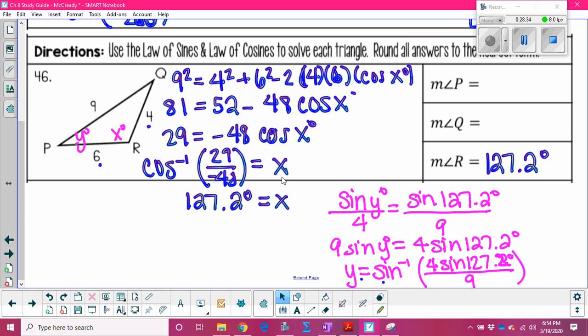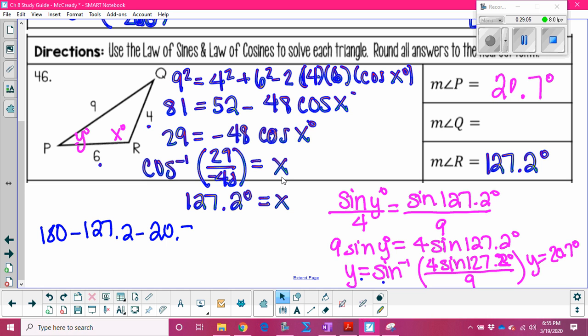And when I do, I get that y equals 20.7 degrees. So that was angle P, 20.7 degrees. To find the last angle, I already know 2 angles of my triangle, so I just need to do 180 minus 127.2 minus 20.7, and I'm going to get 32.1 degrees.